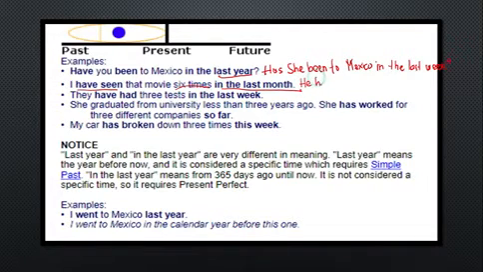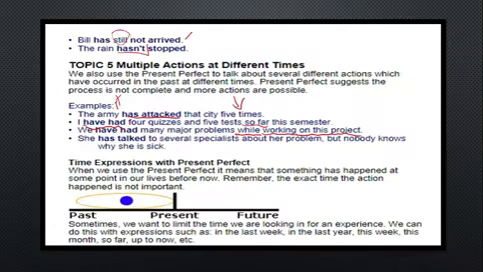So you can write, he has seen that movie 4 times in this week. Oh my gosh.